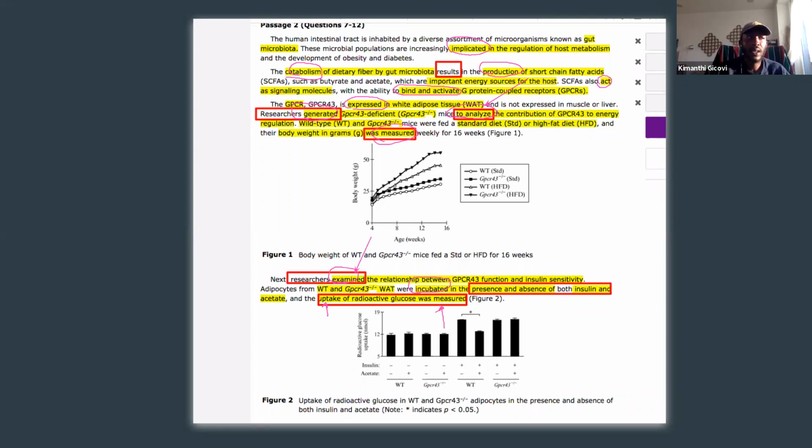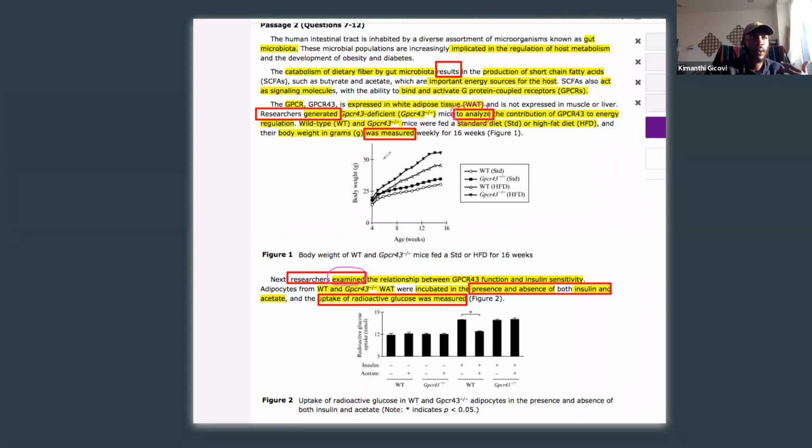So that's the first half, kind of quick tips to pick up on. Number 1, when you highlight, start with the verb, end with the verb. Number 2, when you're looking for the objective of the passage, look for spots where you get key words such as to analyze or to examine, because they're going to tell you the objective of the passage.